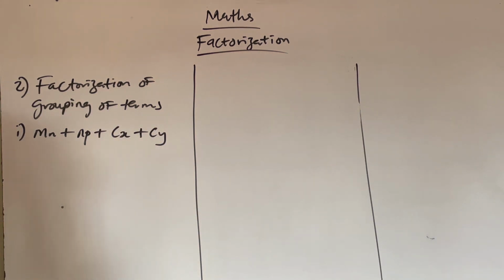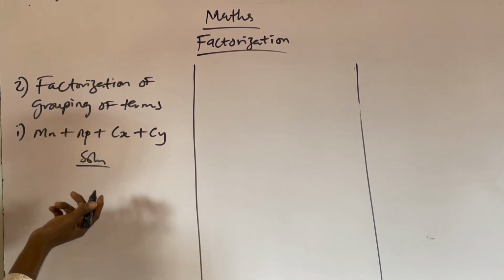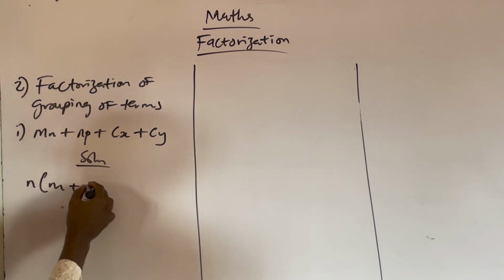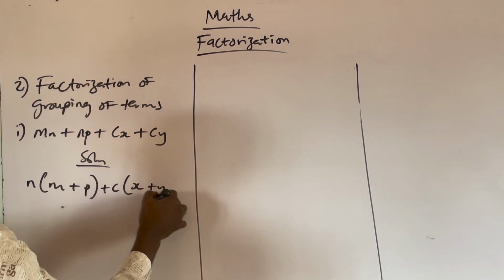How do you factorize by grouping of terms? Solution. Common factor here is what? m.